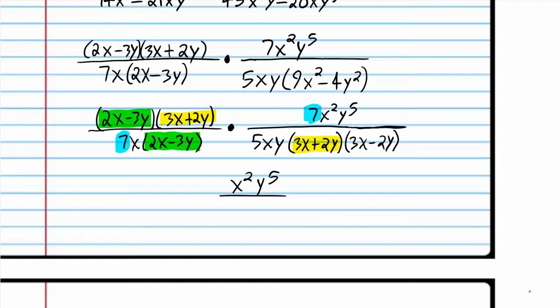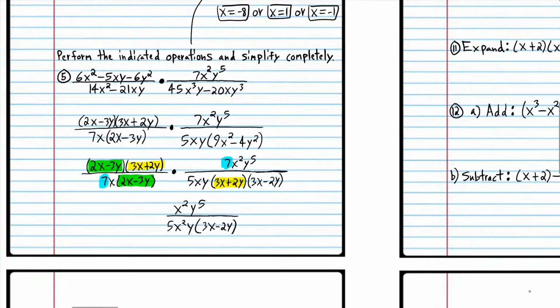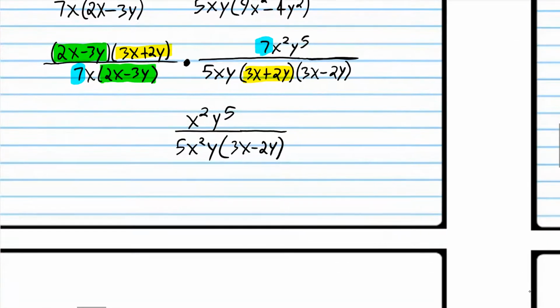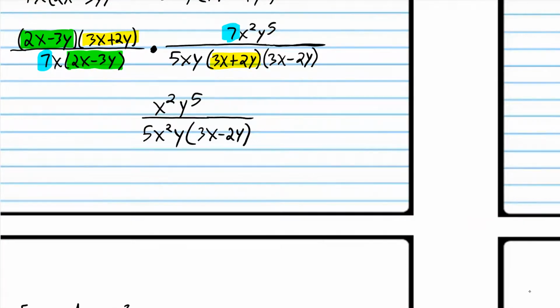And on the bottom we have x times 5xy, which is 5x squared y, and we're left with 3x minus 2y. So I want to make some more room here. Okay, and now we're almost ready to write the final answer.